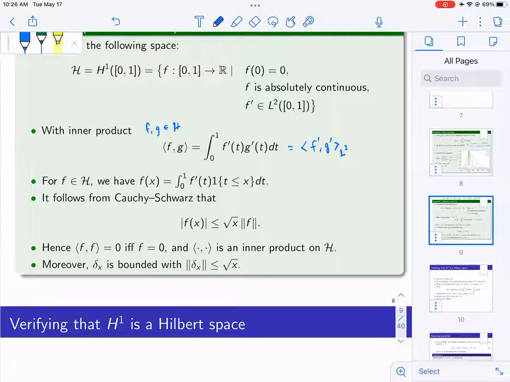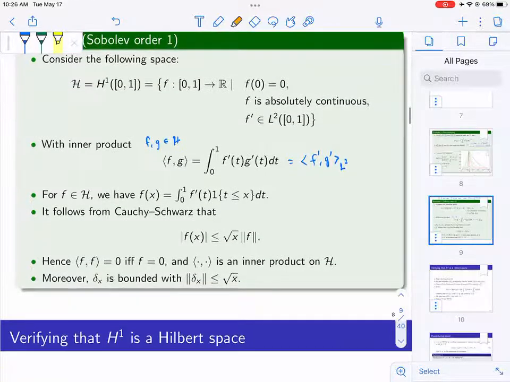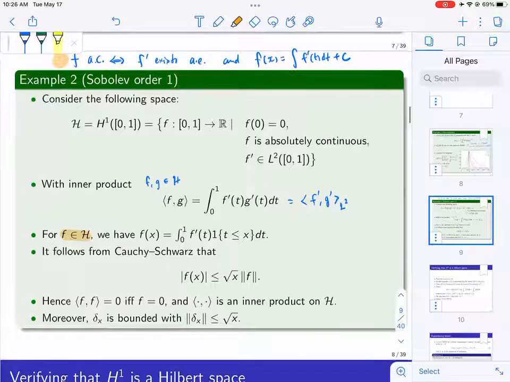Next, we note, because of the fundamental theorem of calculus, that if f is in H, then I can write f of x as the integral from 0 to x of f prime of t dt.